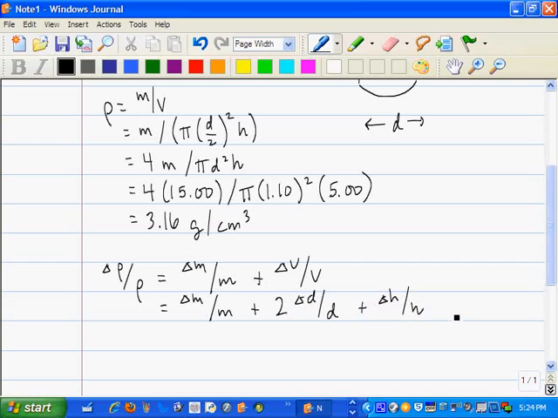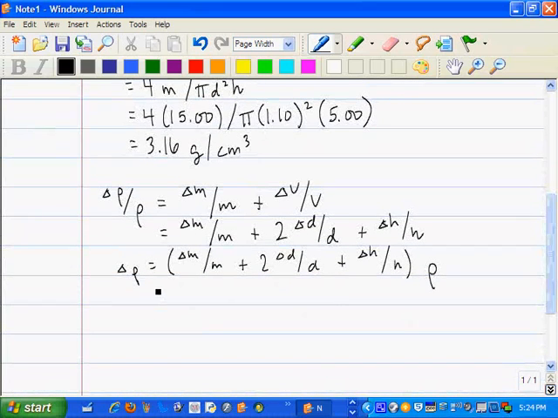So the uncertainty in the density will be this quantity, the uncertainty in the mass plus twice the uncertainty in the diameter plus the uncertainty in the height, times the calculated value of the density.